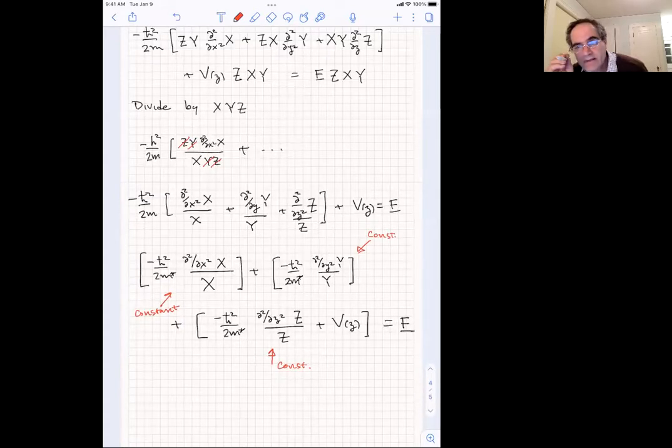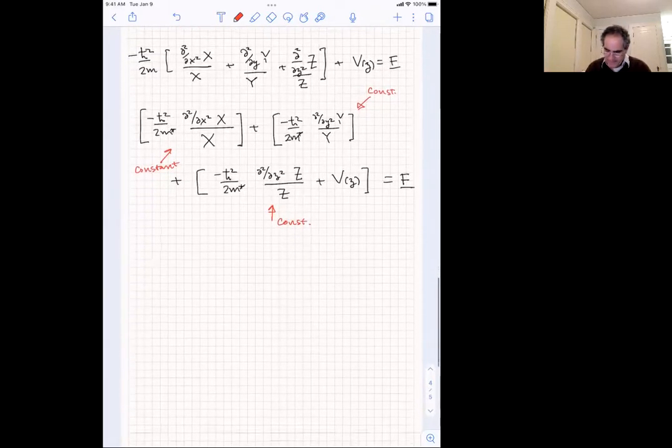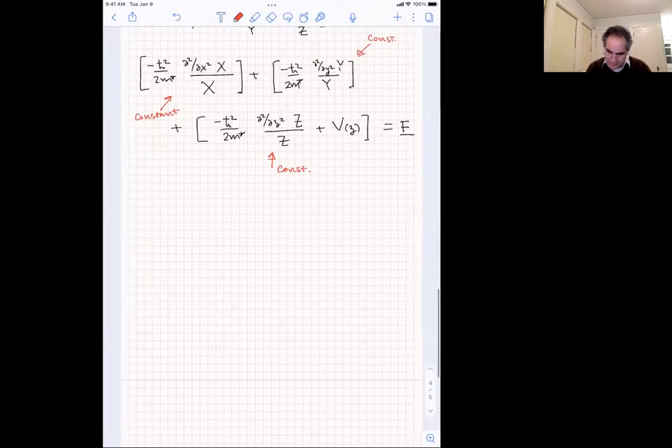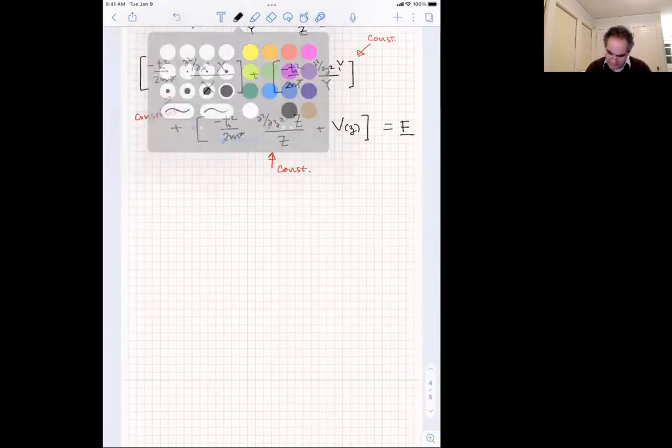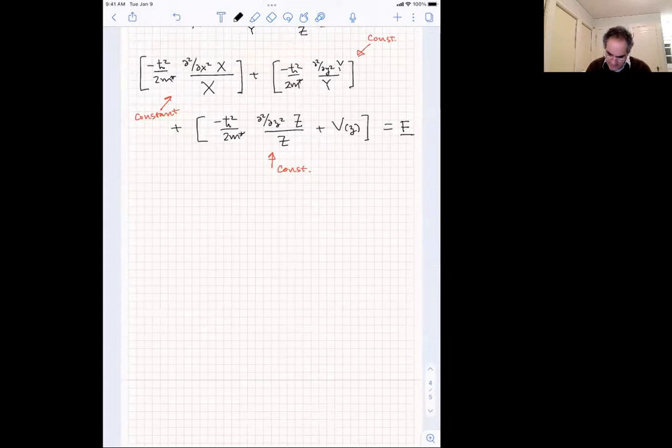Because if we went from one value of x, one position in space where it was true, and shifted it over to some other position in space, since this still has to be true, and since the second two terms didn't change, since we only changed the x coordinate, that would mean that the first term can't change either. So all three have to be constant. And since they're all constant, we may as well write them this way. We have the first term, minus h bar squared over 2m star.